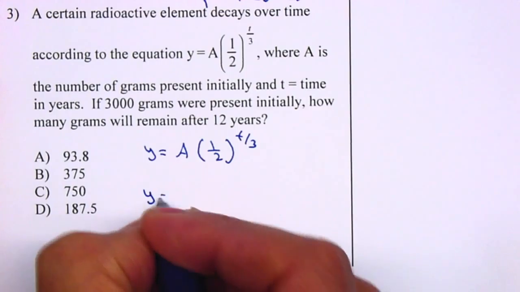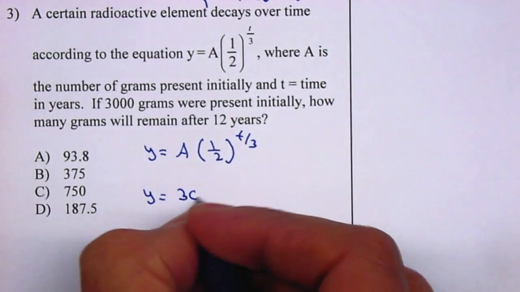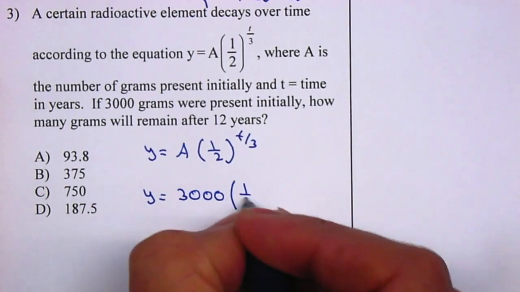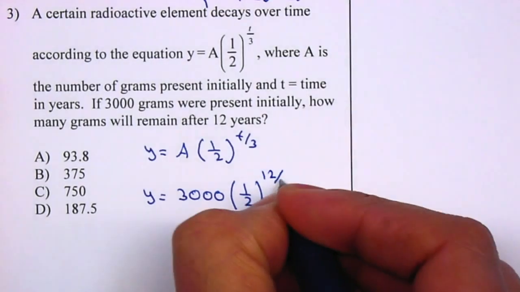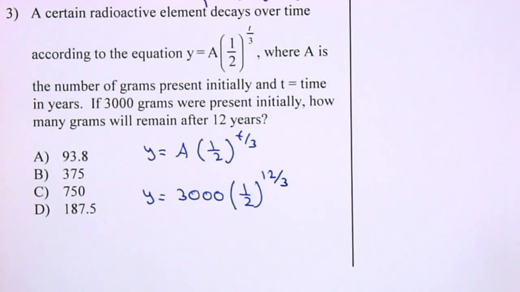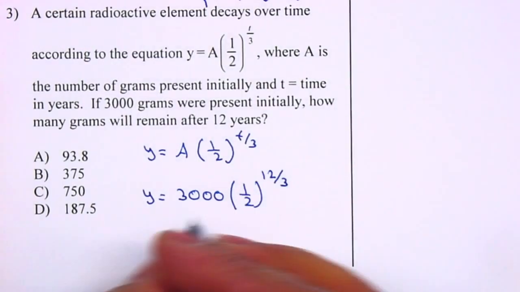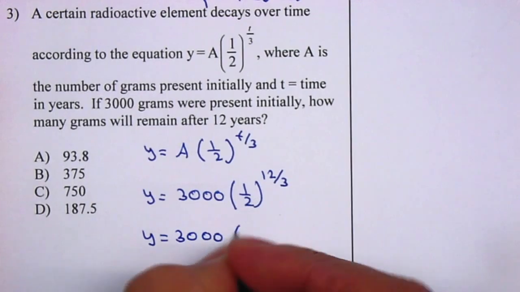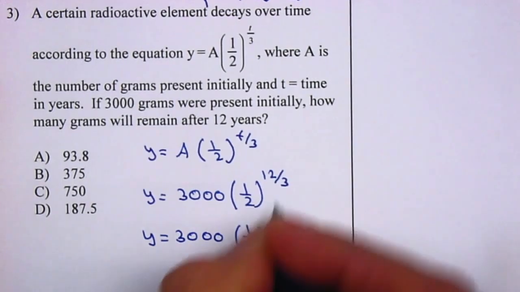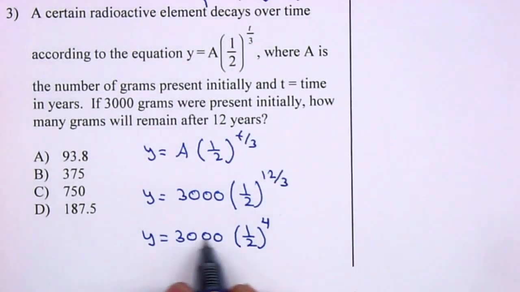Let's write down the equation first. Now, y is equal to A, the number of grams present initially, which will be 3,000, times 1/2 to the T, the number of years, so it'll be 12 divided by 3. We first want to simplify the exponent. It'll be y is equal to 3,000 times 1/2 to the 12 divided by 3, which is 4. Now, do not multiply yet.